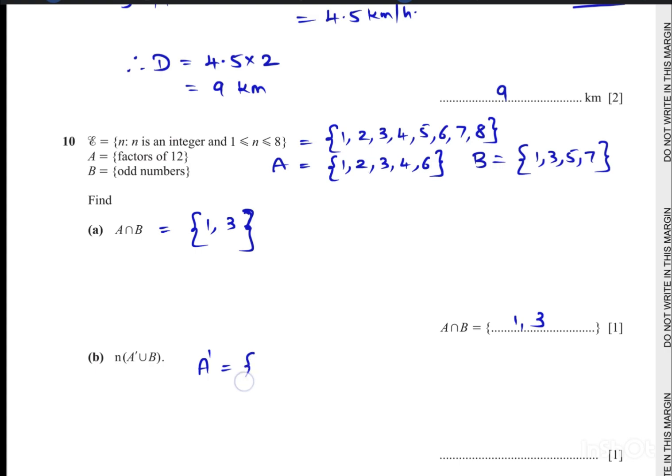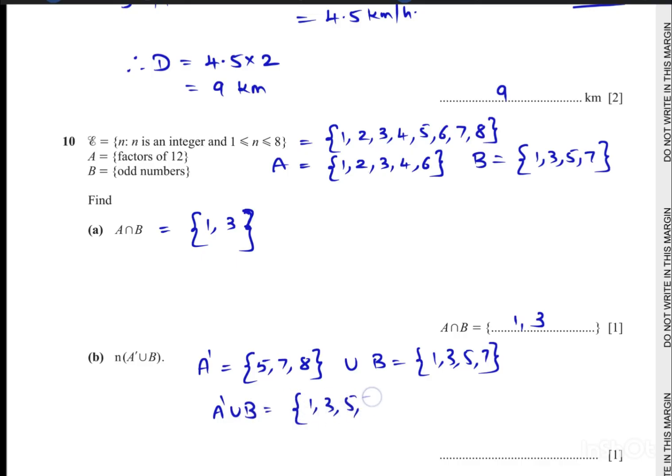Then union with B, 1, 3, 5, 7. So A complement union B will be 1, 3, 5, 7, 8. So number of elements means how many elements are there here? 1, 2, 3, 4, 5. So 5 elements are there in this set.